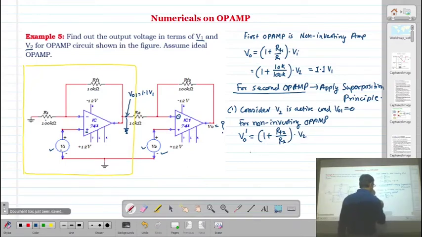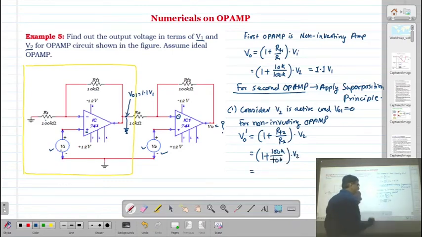And this will come out to be 1 plus 100K divided by 10K, times V2. So 100K divided by 10K is 10, plus 1, so it is 11 V2. So we have calculated VO dash, that is due to V2. Now we calculate the output voltage due to VO1. Correct?